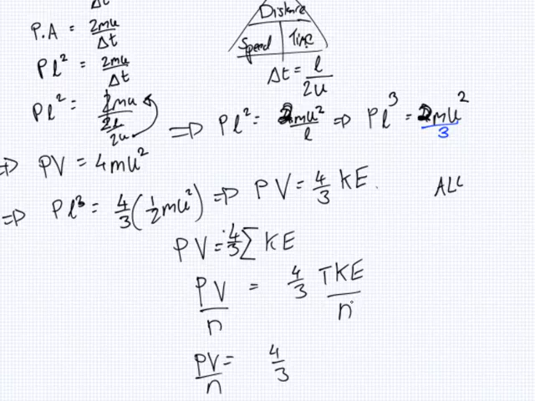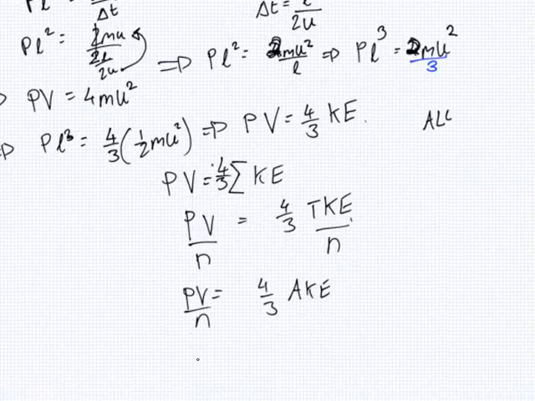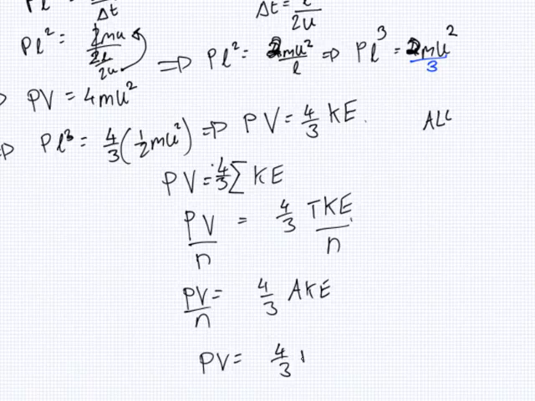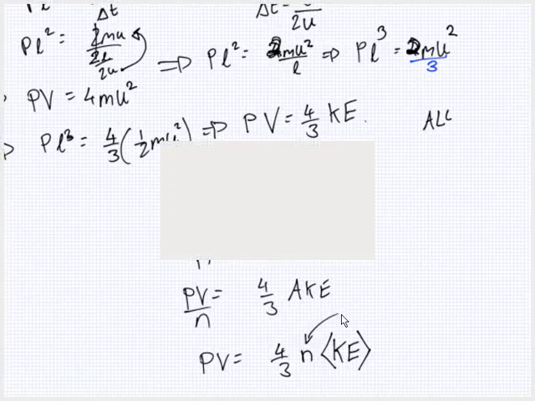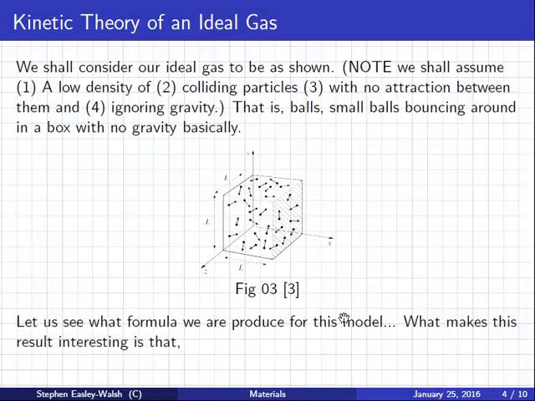Average kinetic energy, total divided by n. So I'll just write AKE. Then I can finish by writing PV equals 4/3 times n, and often average kinetic energy is written like this, kinetic energy in these brackets here. I might have said this before actually. I'm not 100% sure about the n. I hope I wrote the formula down on the next slide.